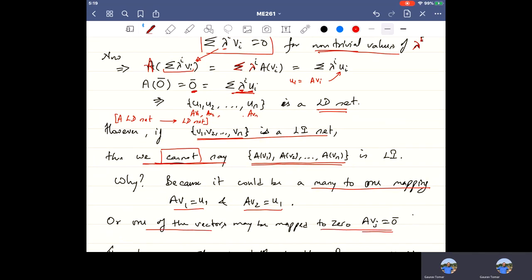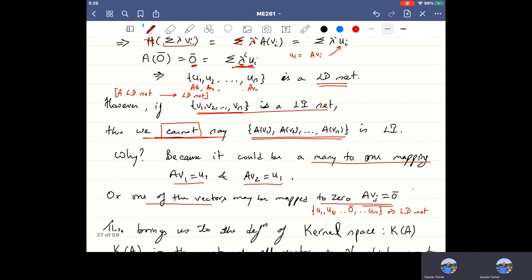So if Avj is 0, then the final set that you get u1 to un has, corresponding to vj, the mapping 0. Now clearly a set which has 0 in it is a linearly dependent set. So this will form a linearly dependent set.